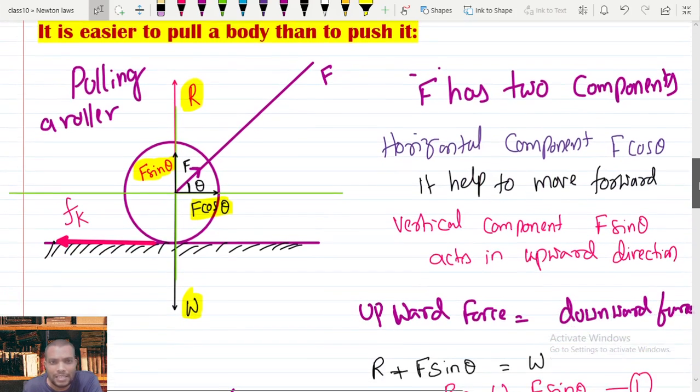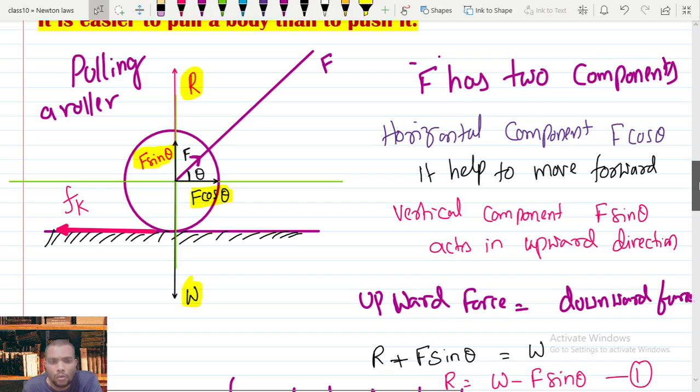All of this depends on how the force components add or subtract, depending on the way we pull or push the roller. That results in the kinetic friction.